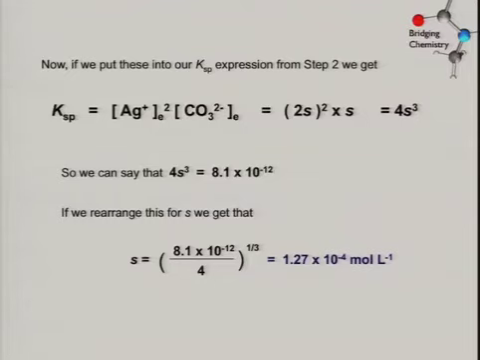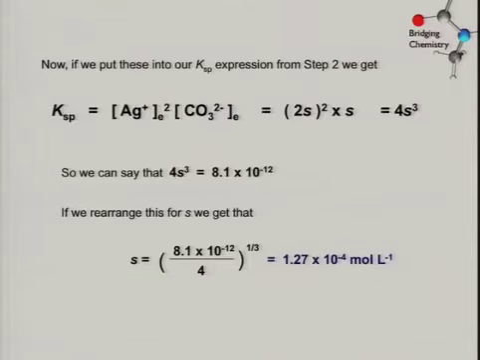So that's calculator stuff. And then you can work out the value of S, which corresponds to the concentration of the carbonate, and will be half the value for the concentration of the silver ions.